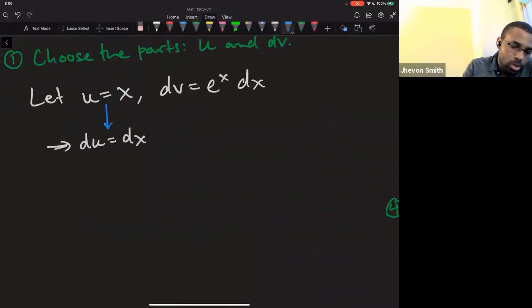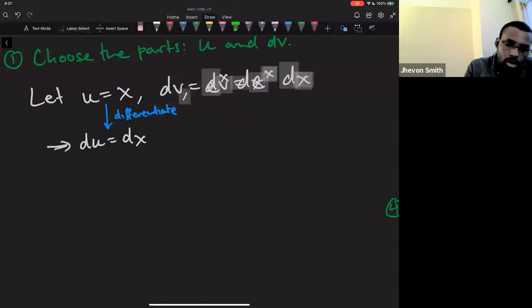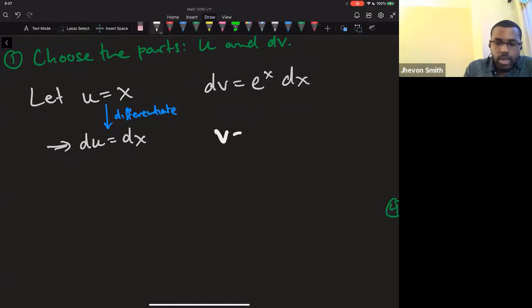And what I did here was differentiate. And then this means that my v would be e to the x, right? And here I integrated.